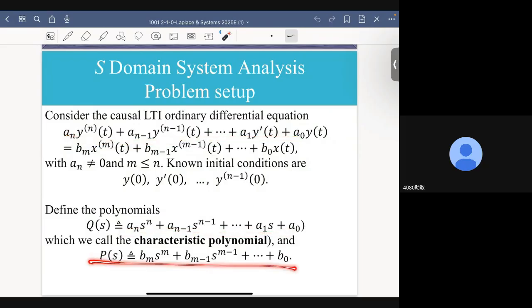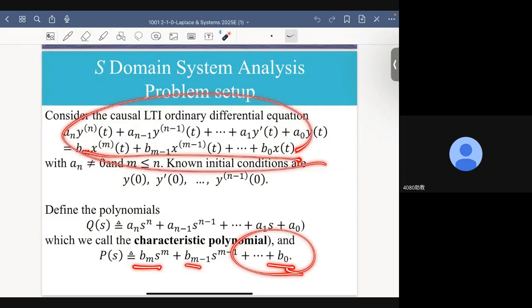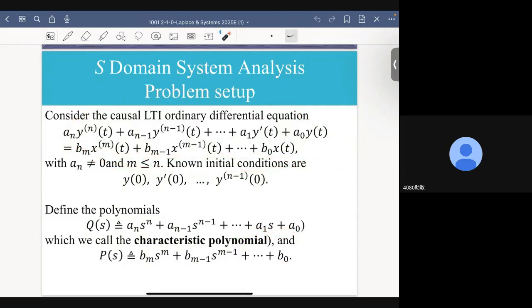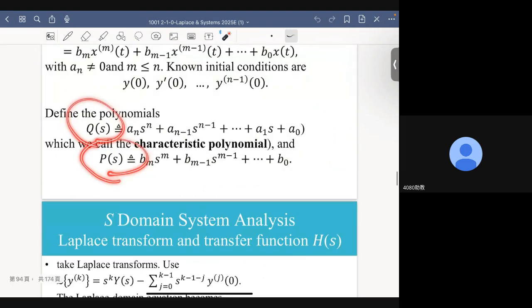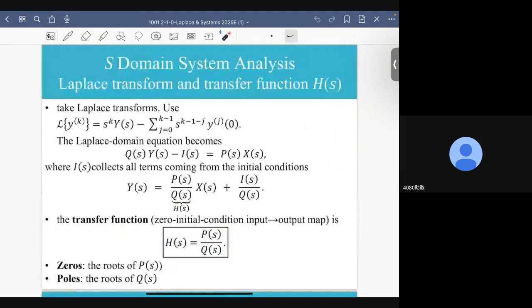Also, we want to define P of s. These coefficients come from the right-hand side of this equality. With Q of s and P of s defined, we can transform the entire equation, and the result of the Laplace transform can be written as this.